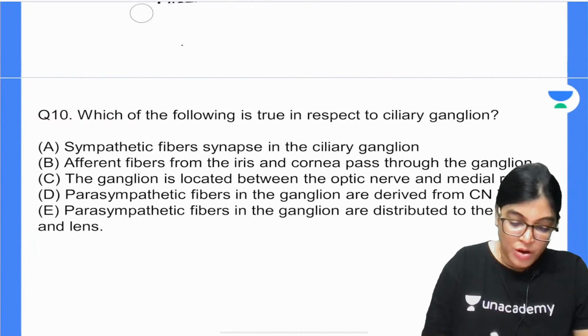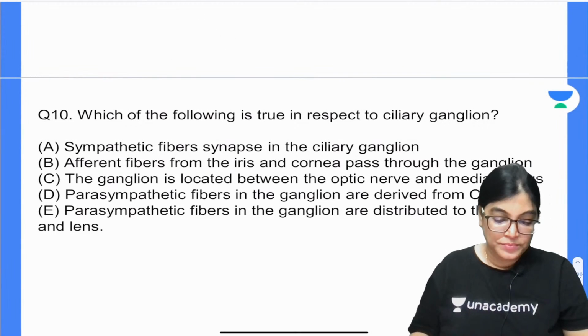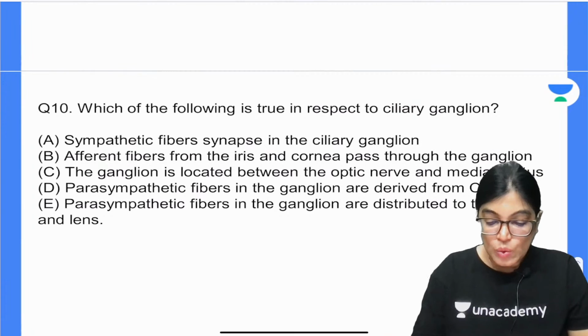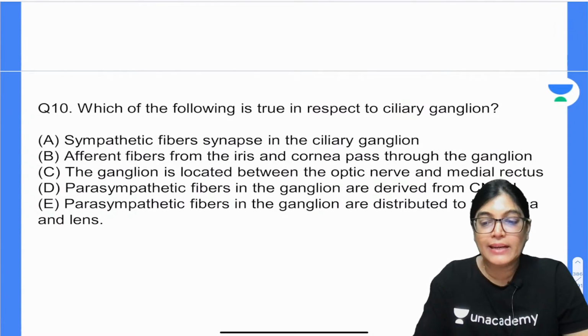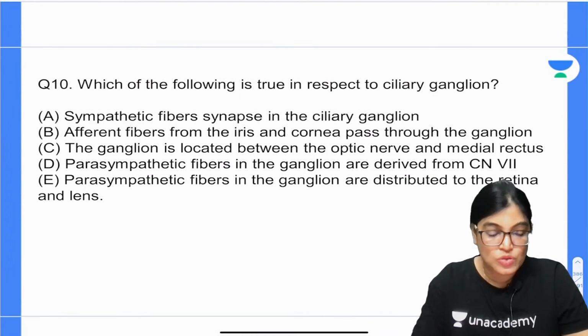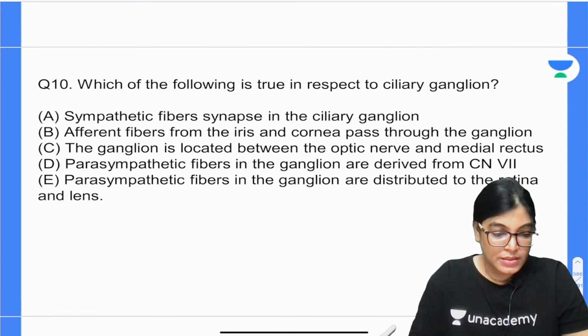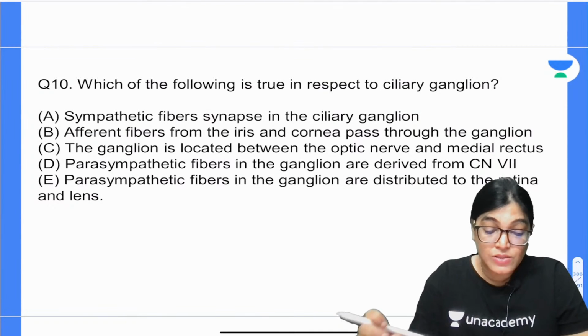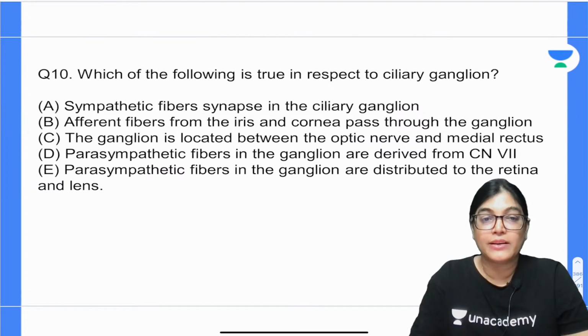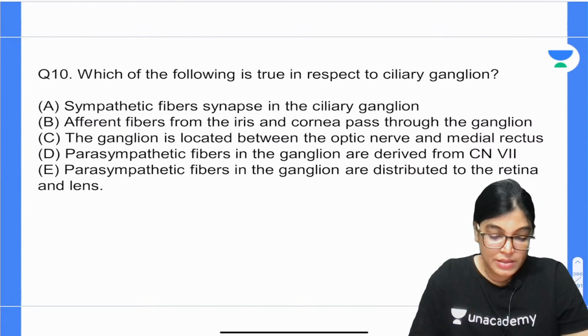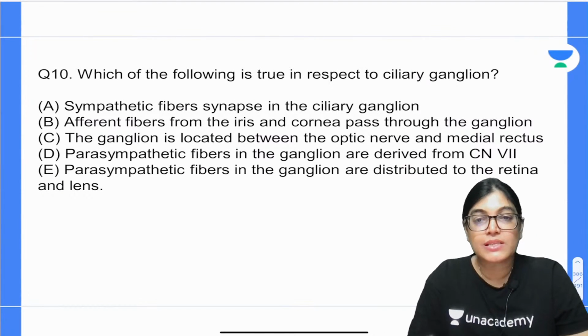We are done with the formation. Which of the following is true with respect to the ciliary ganglion? Which of the following is the best true statement about the ciliary ganglion? A: Sympathetic fibers synapse in the ciliary ganglion. B: Afferent fibers from the iris and cornea pass through the ganglion.